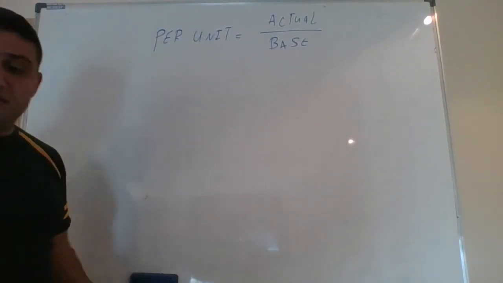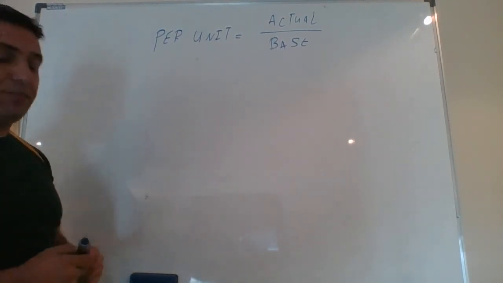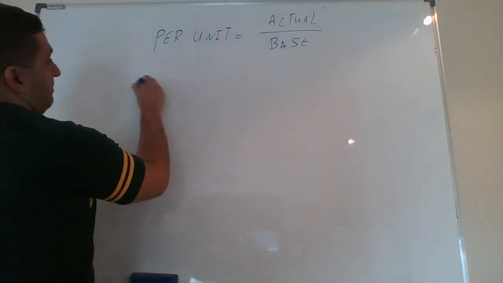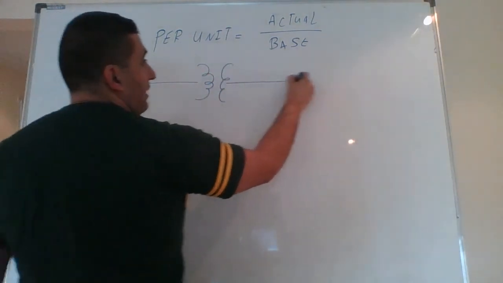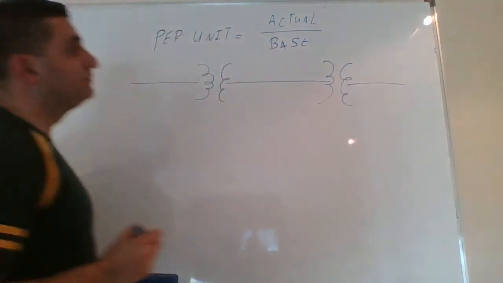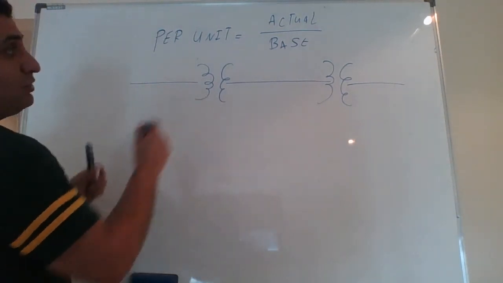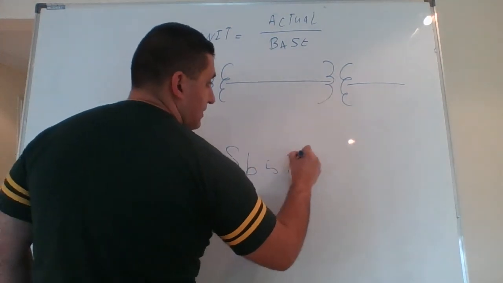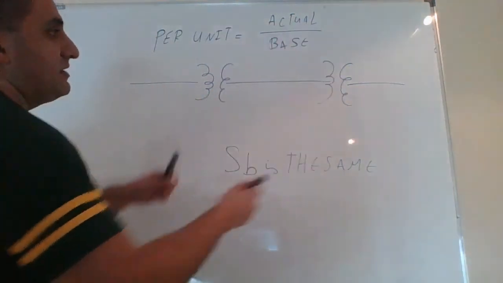Now, let's recap what we did and finish this session about the per unit. When I have a system, I will have a transformer. Let's say I have one transformer, and I have another system with another transformer, for example. When I do the per unit, S base is the same for the entire system.